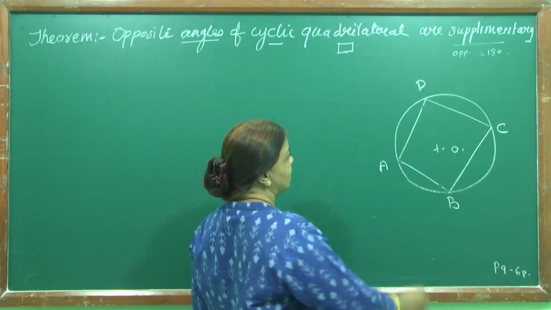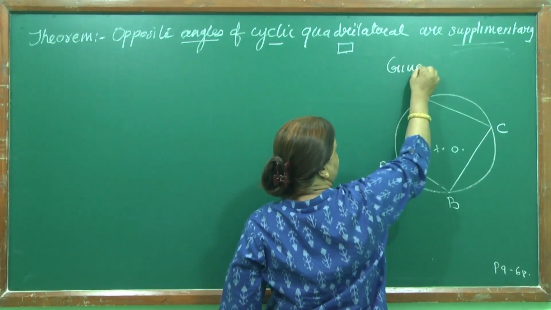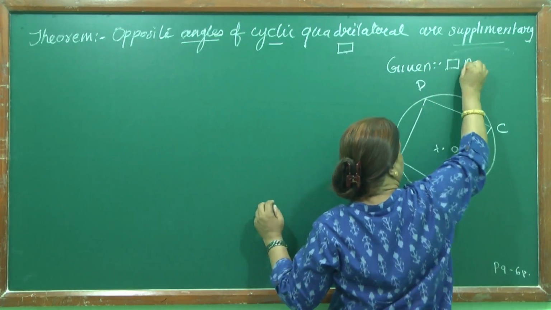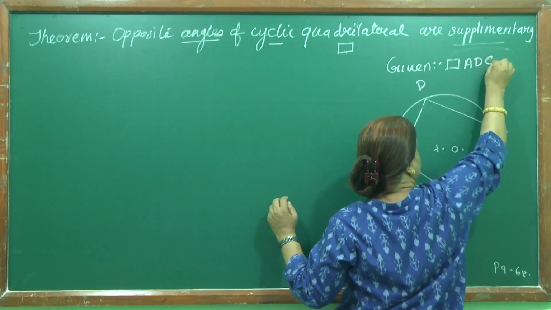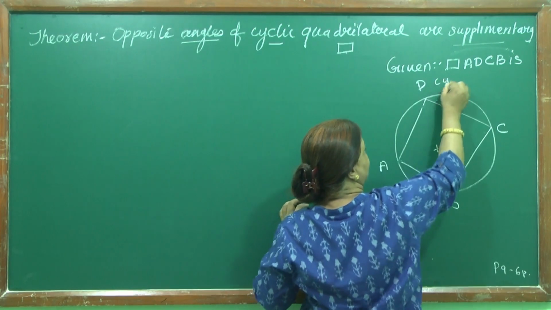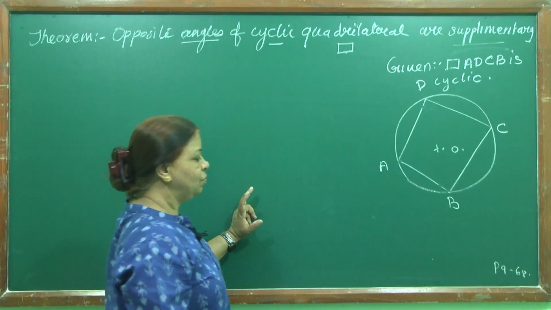So let us see what is given first. Given: quadrilateral ADCB is cyclic. And what we want to prove?